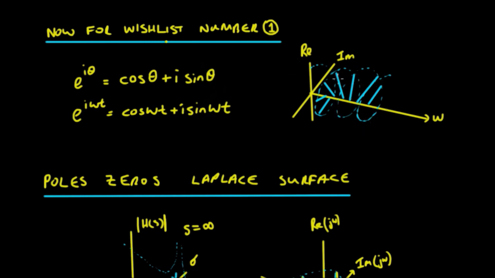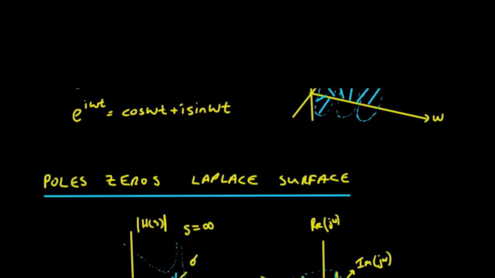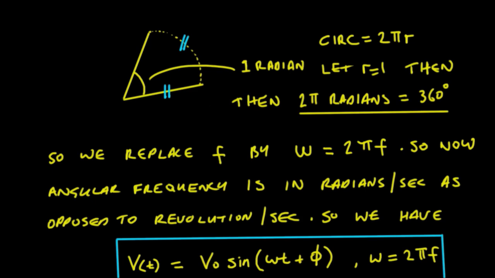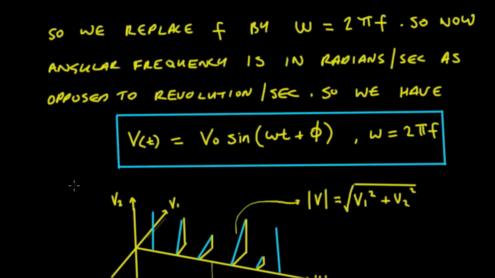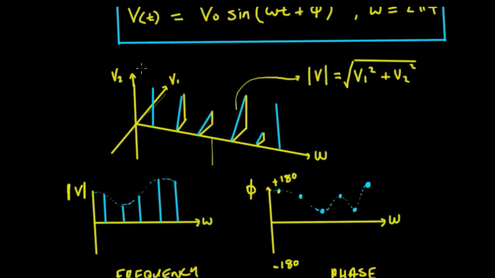Okay, so this in effect replaces what we had at the beginning, which was our V2 and V1. Now these axes here are actually the real and imaginary parts of a complex frequency.